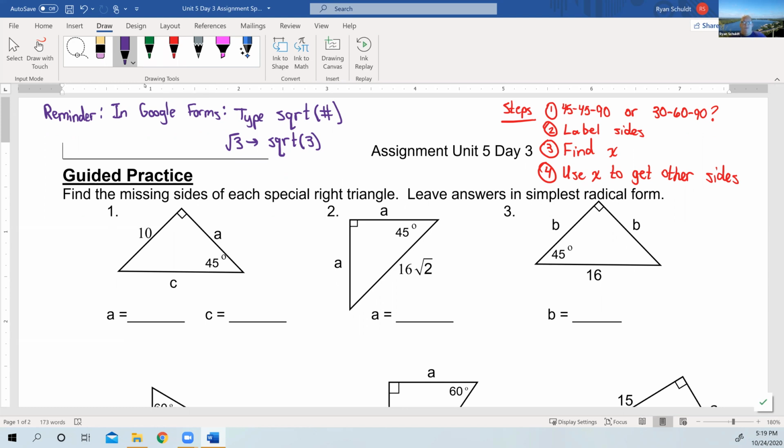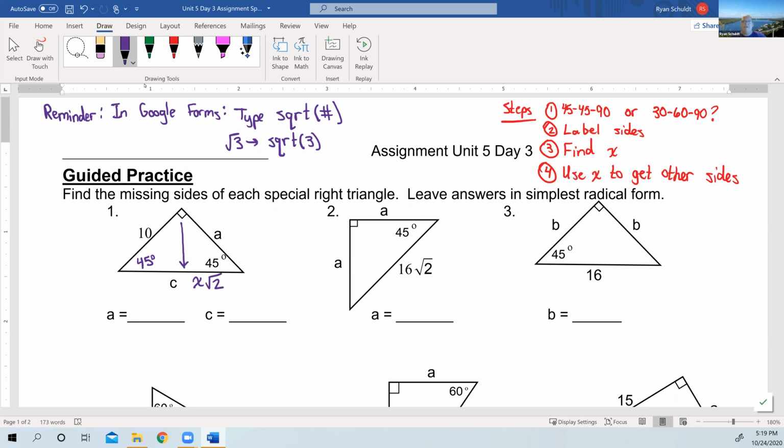So for number 1, first step, what kind of triangle is it? See, I have 45 here, so that means it's a 45, 45, 90. So I need to label my sides based on that template. There's my longest side. It's going to be X square roots of 2.